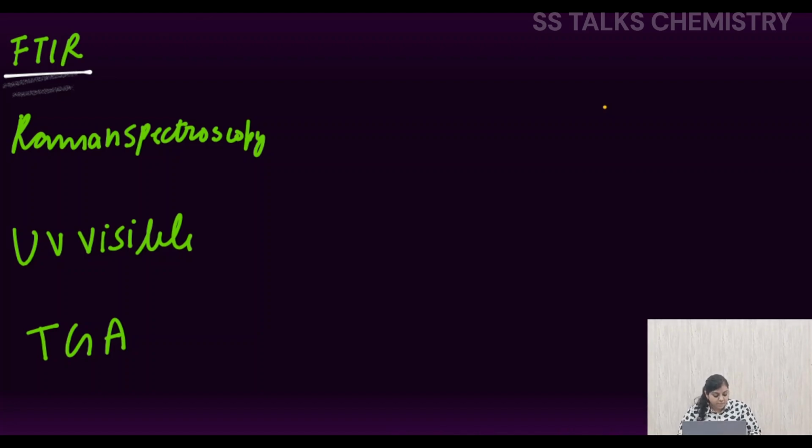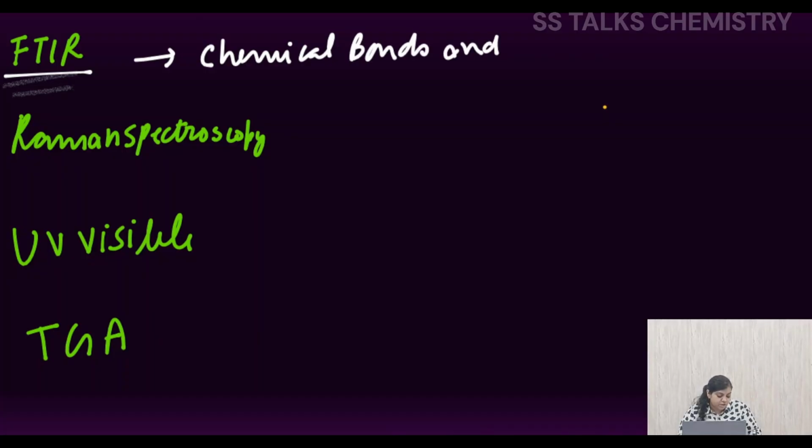So FTIR is going to tell us what type of chemical bonds are present in the nanomaterials, and it also tells us about the molecular structure of it.